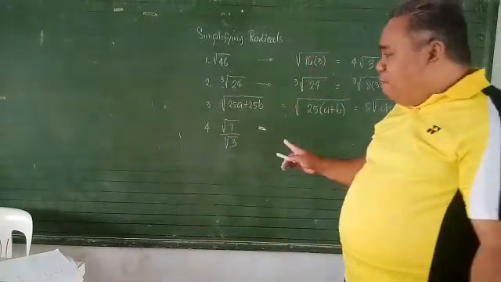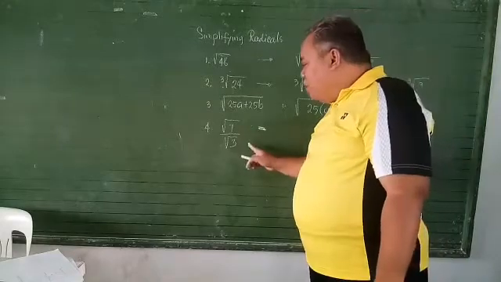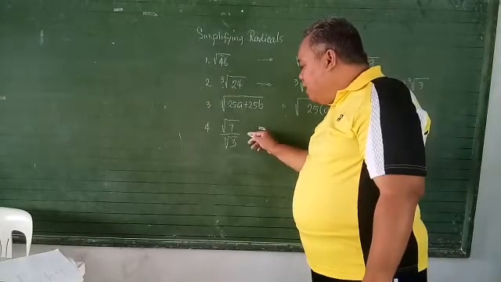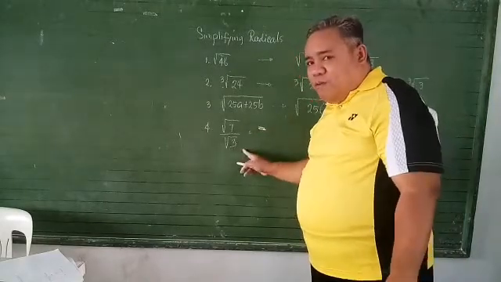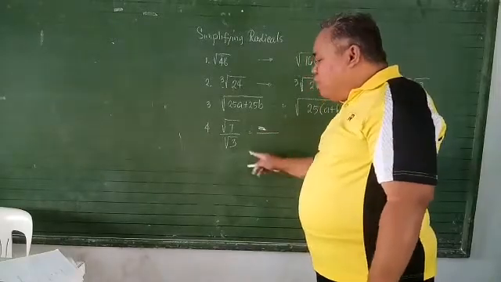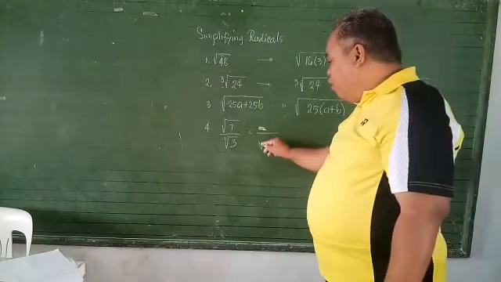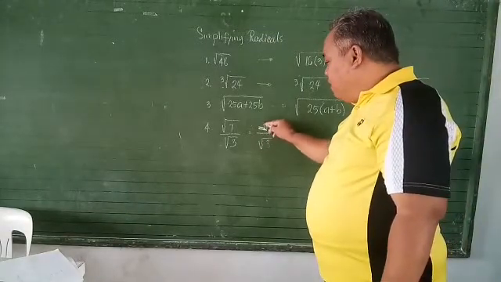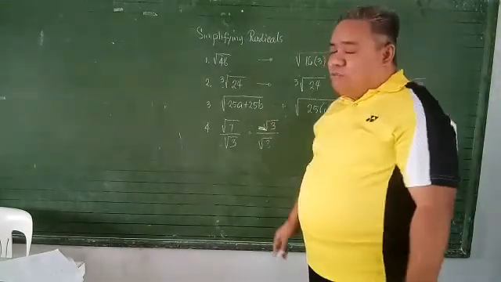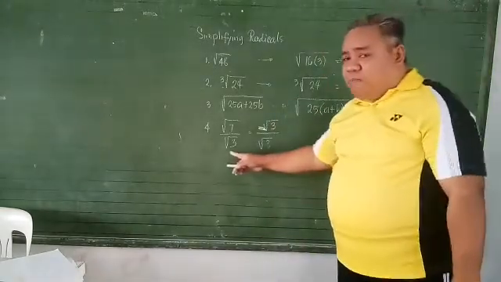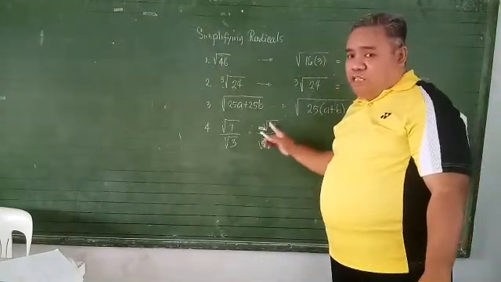How can we remove that? We're going to remove it by multiplying. Our aim is to make the denominator a perfect square. To make it a perfect square, what do we multiply? Of course, the square root of 3 over the square root of 3. That's what we're rationalizing. Whatever you multiply to the denominator, you also multiply to the numerator.